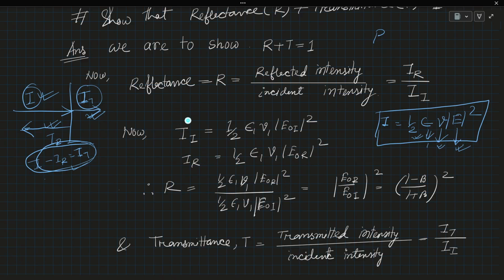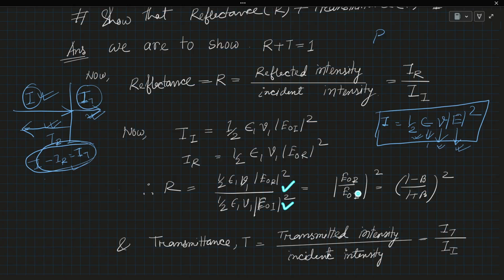For reflectance, I have to divide IR by II. So for IR, half of epsilon 1 V1 EOR squared, and for II, the intensity of the incident wave, half of epsilon 1 V1 EOI squared, right? These are the same terms, so these two terms will get cancelled, and only this will be there.